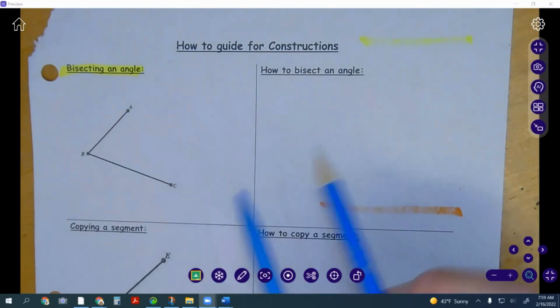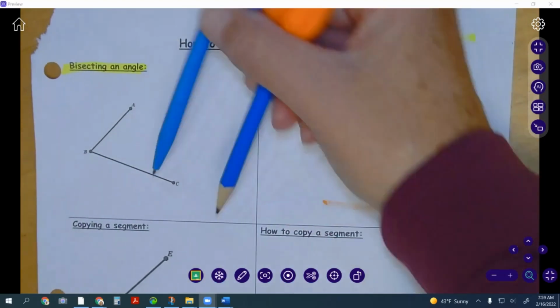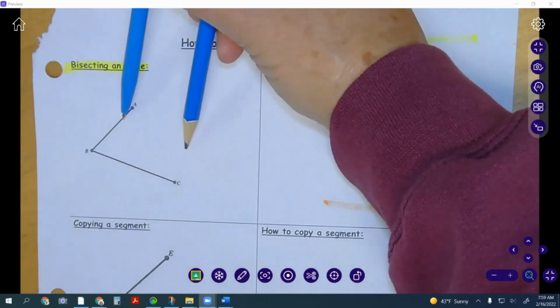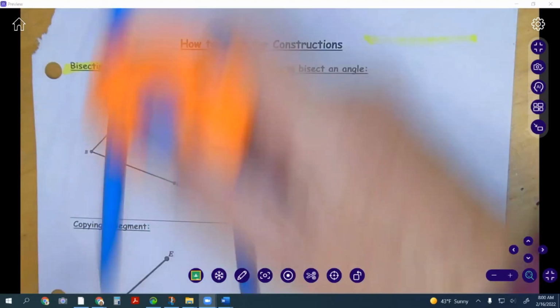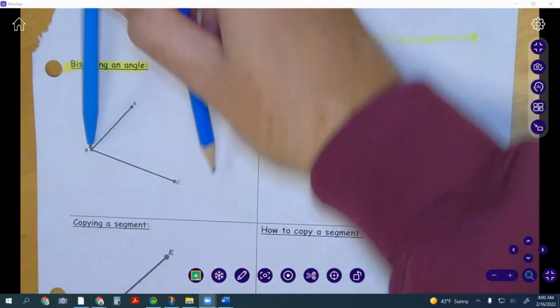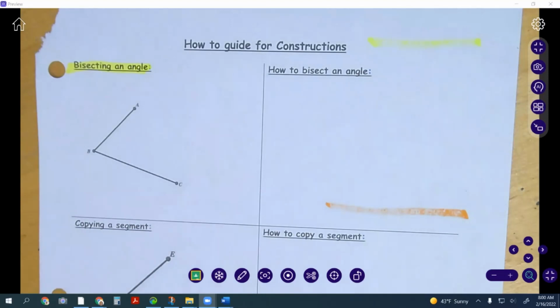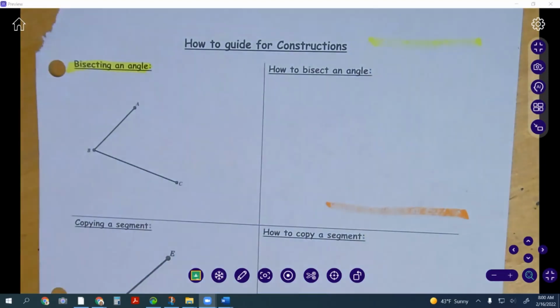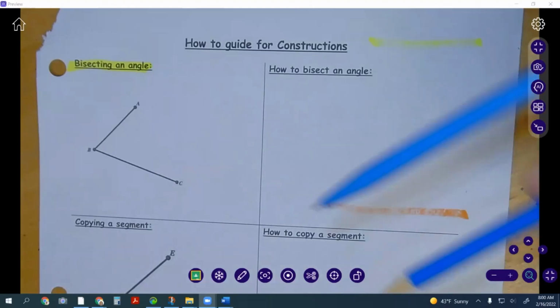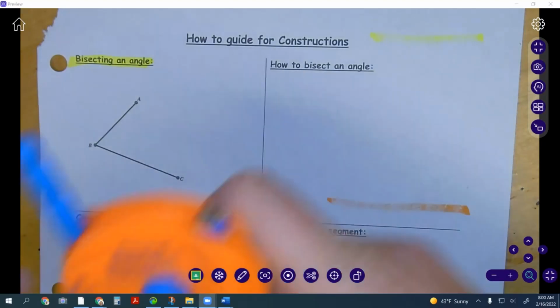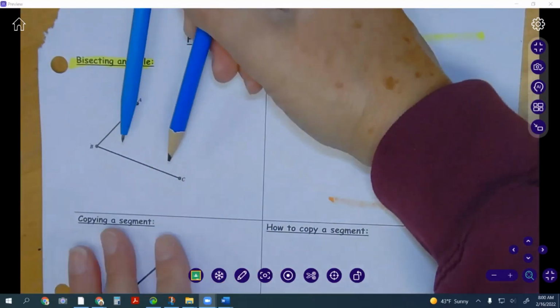That radius has to be able to, if I do a circle centered at B, touch both sides of the angle. So you don't want something that's too big, that's not going to intersect the angle. I want to pick a radius that is going to intersect both sides.